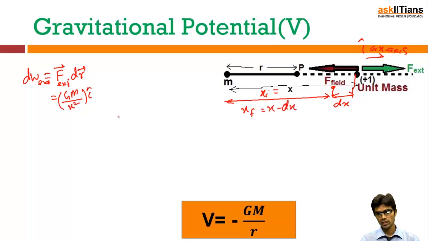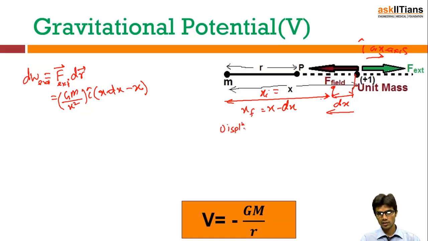So dr can be written as final minus initial, which is x minus dx minus x. Final minus initial gives the displacement, from initial to final.